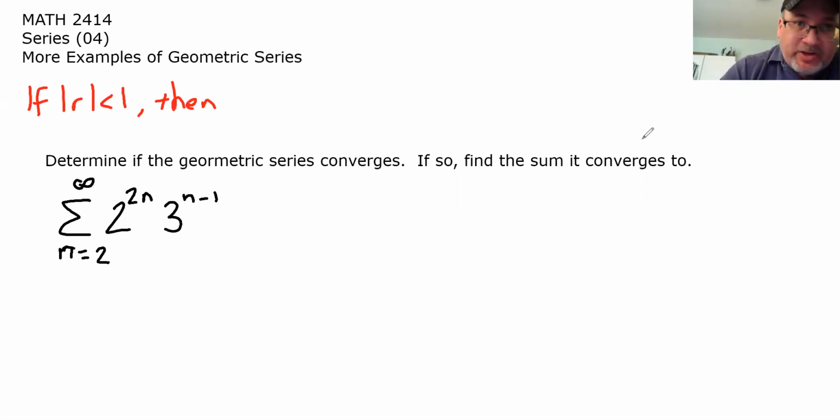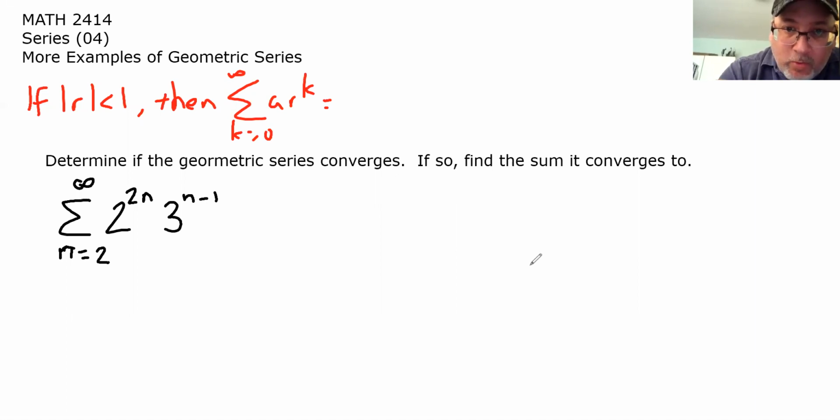well, let's write it in sigma notation. Sigma, we'll say k equals 0 to infinity of a times r to the k equals a over 1 minus r.